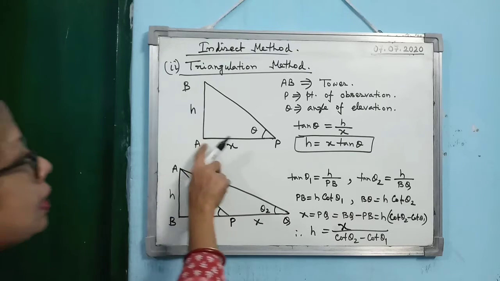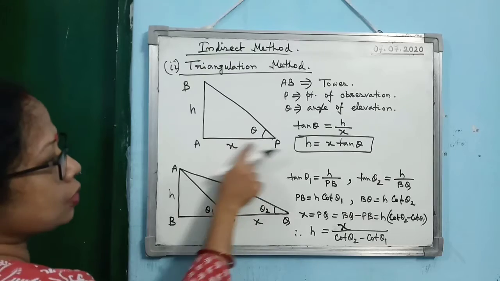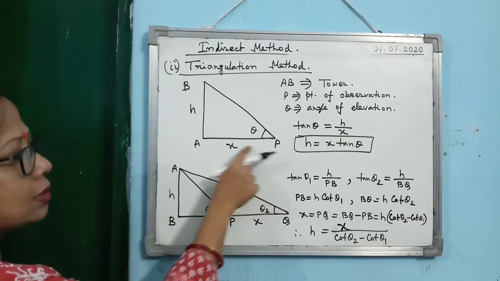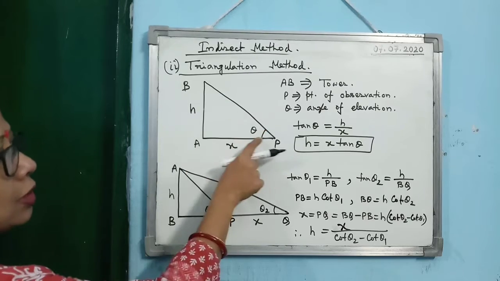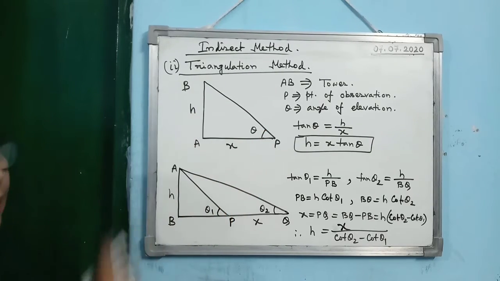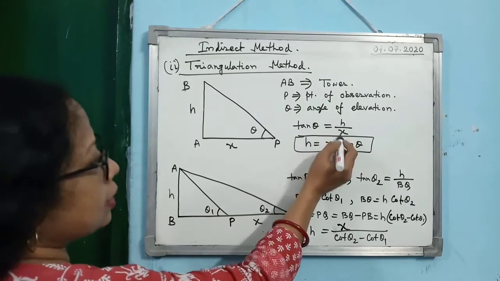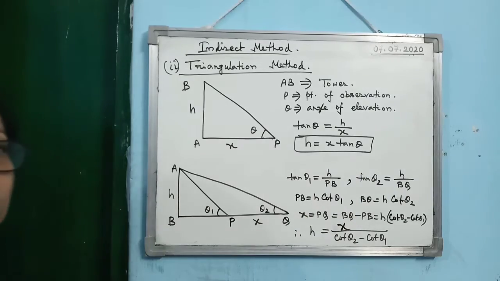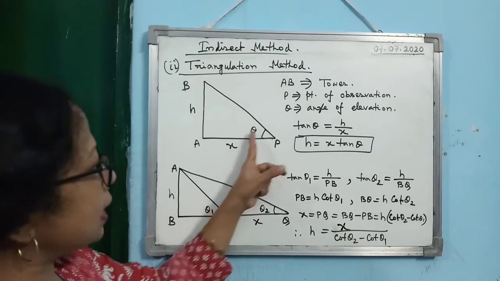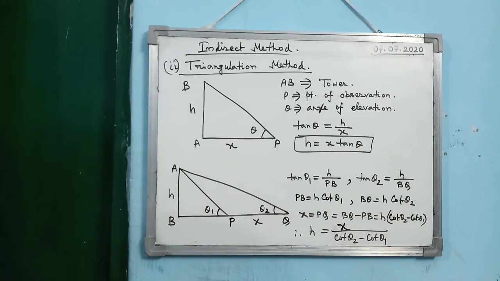Now x, the distance from you to the tower, you can measure experimentally, and theta also you can measure experimentally. Now you have to find out h. Very simple, just use simple trigonometry. Tan theta is h by x. So h is equal to x into tan theta. So by measuring x and theta and using this formula, one can find the height of the tower.